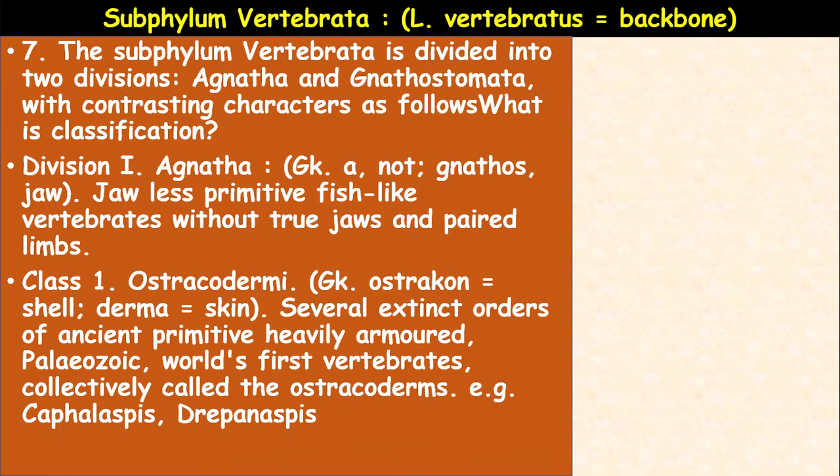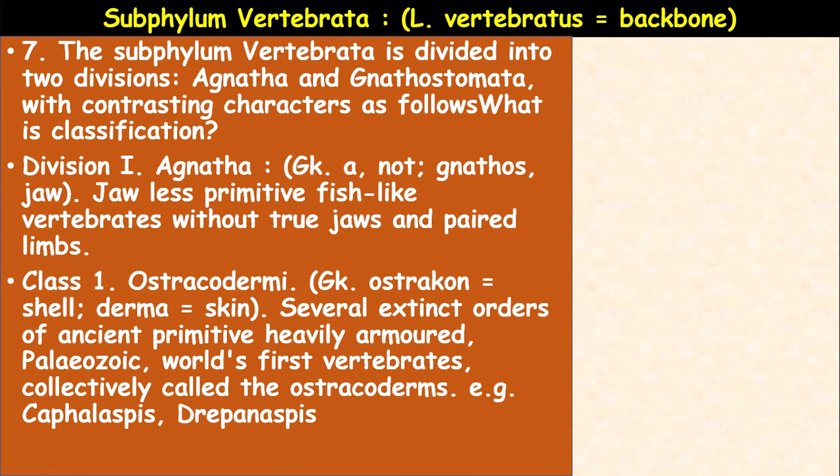Paleozoic, they are the world's first vertebrates, ostracodermy, also called ostracoderms. They are collectively called ostracoderms. Example, Cephalaspis and Drepanaspis.